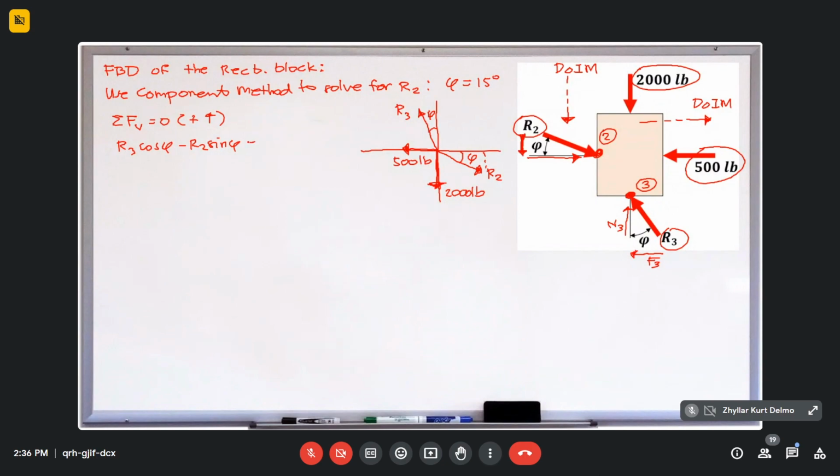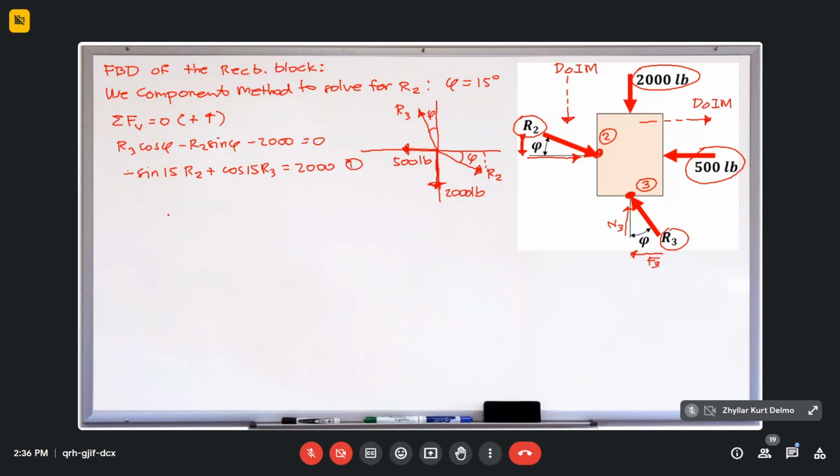Then minus 2,000 is equal to 0. So we arrange it so that R2 comes first, followed by R3. So we have negative sine 15 R2, then plus cosine 15 R3 is equal to 2,000. This is our first equation.